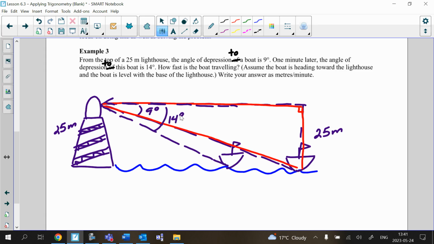I know it's a little bit of a tricky diagram, but I've created another right triangle. This is 25 meters. So I've got a green one, I'll label it. And remember, the 14 degrees is with the green one. The 9 degrees is with the red one.